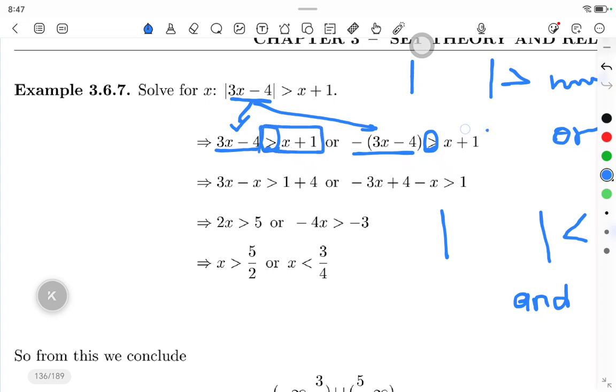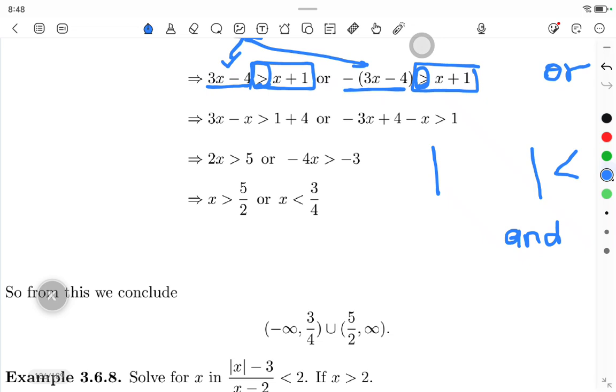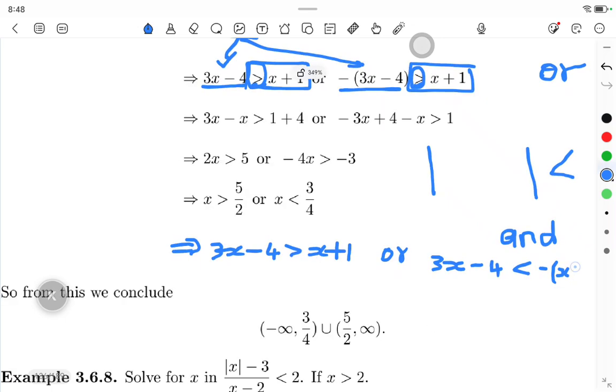There's also this other method. We can try to use both. 3x minus 4 greater than x plus 1. Then on this side, you can also say 3x minus 4; this one does not change, you only change this and negate it. You can try to use either method, and they will all lead you to the same solution.